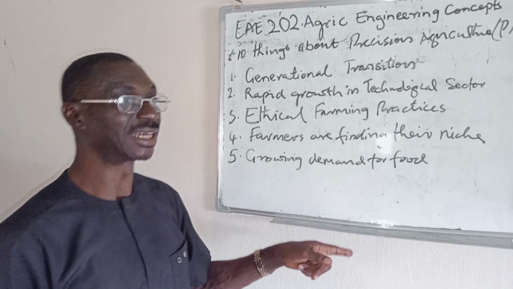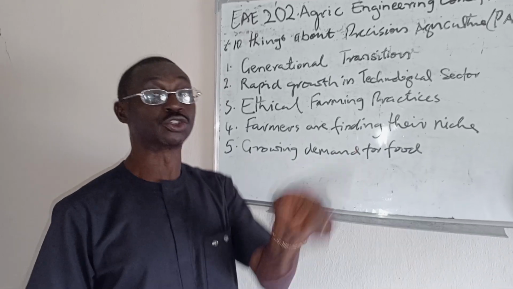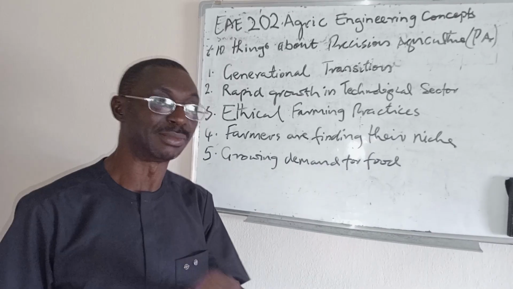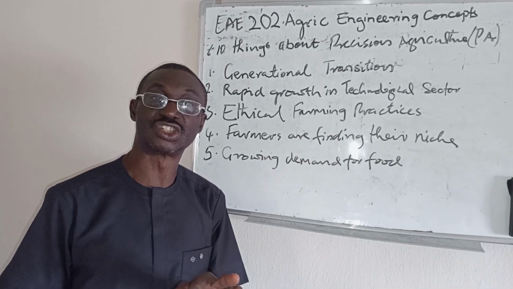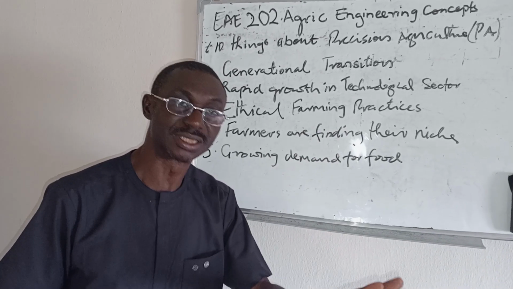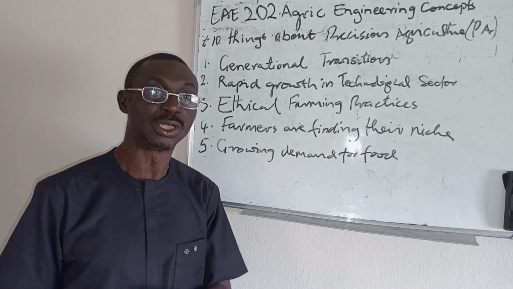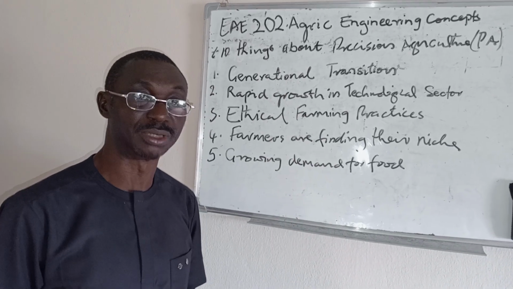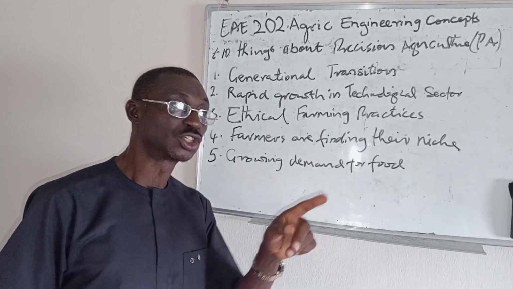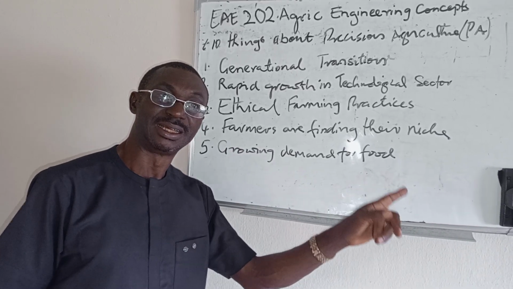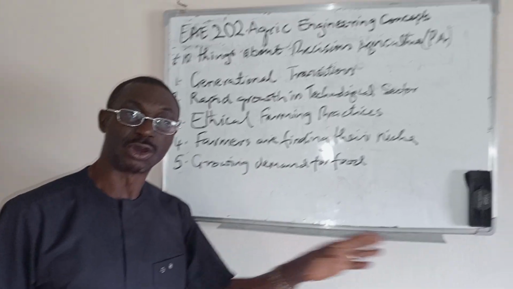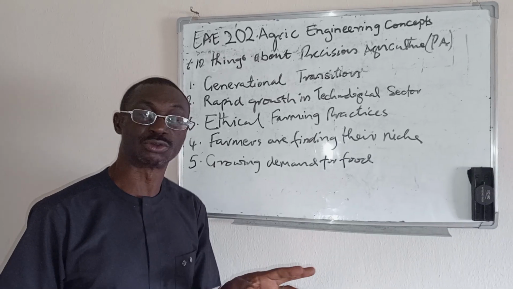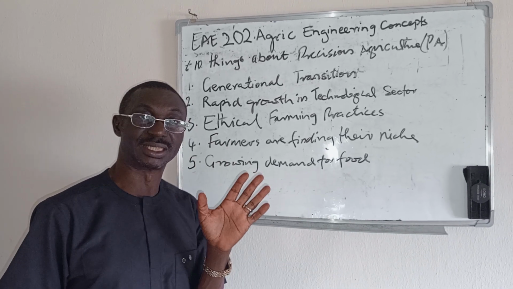So precision agriculture must double up in order to meet this. There is no way you can feed these mouths without applying precision agriculture, which means doing the right thing at the right time so as to achieve increase in productivity and sustainability. And know that this is one of the things the Millennium Development Goal is to achieve, which is food security.